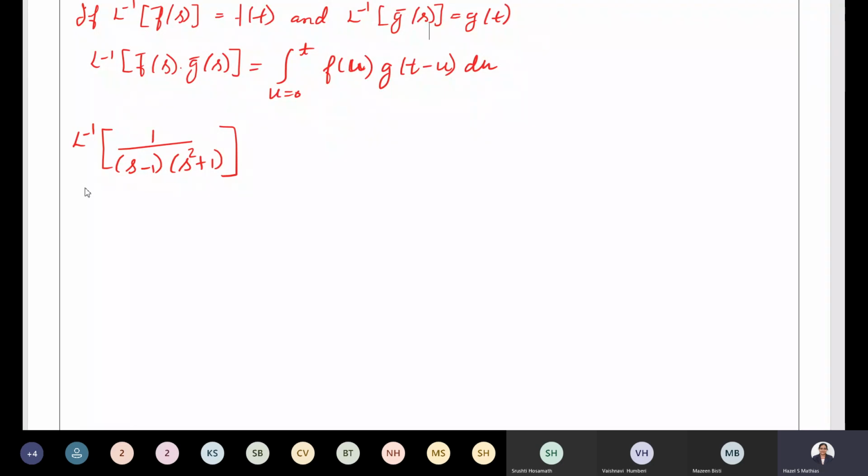So what shall we do? We have to choose these two functions, f bar of s and g bar of s. Let's take f bar of s equal to 1 by s minus 1. Then what shall we take g bar of s as?